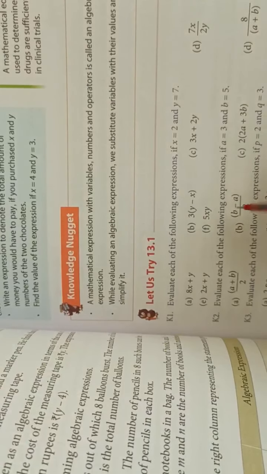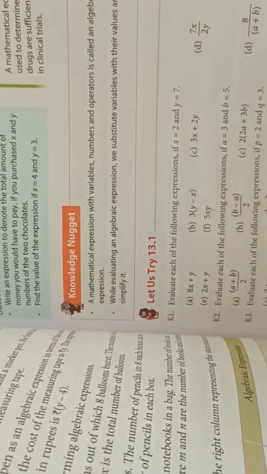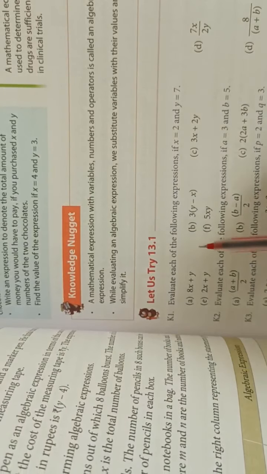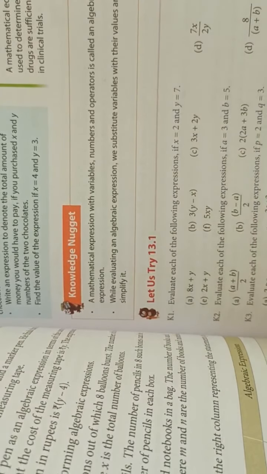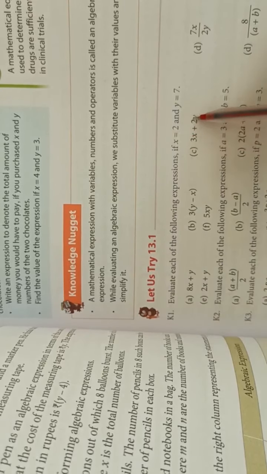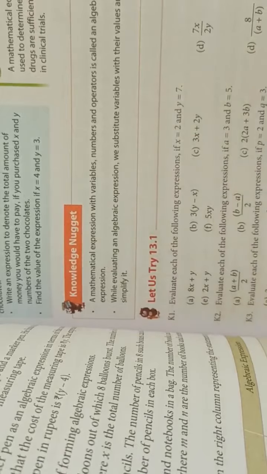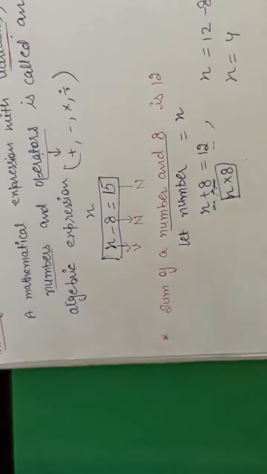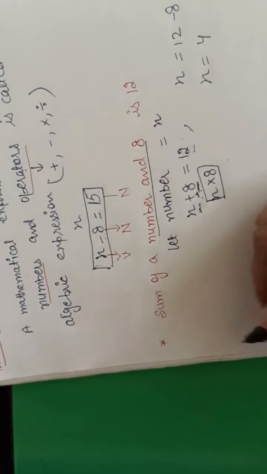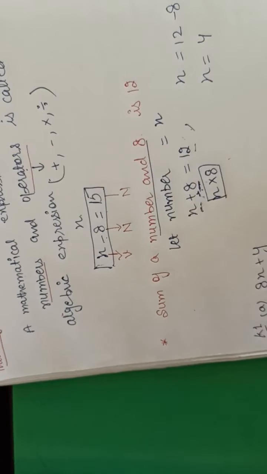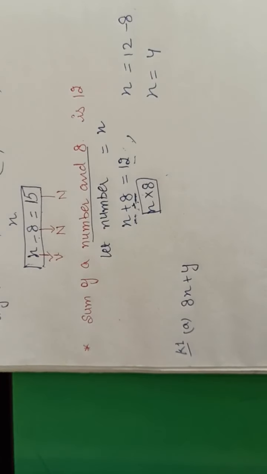Now come to your exercise. See, this is your exercise 13.1. In this exercise, the first question is, evaluate each of the following expressions if x equals to 2 and y equals to 7. So the first is part A, which is 8x plus y. We have to evaluate, means we have to find the value of this equation.